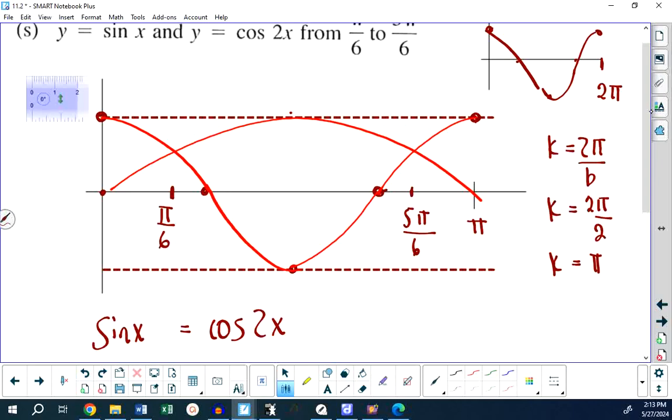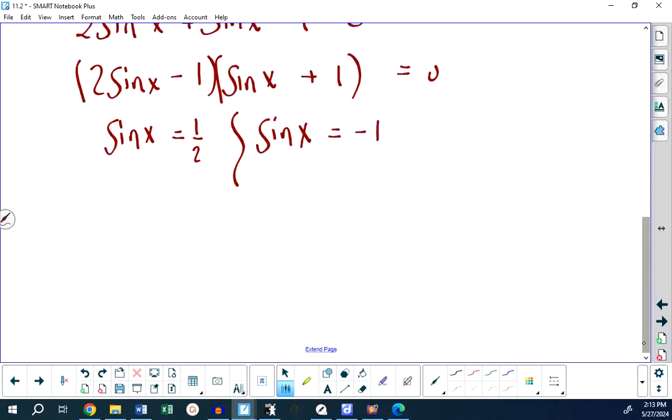So I didn't really finish this clearly, but this is x equals pi over 6 and x equals 5 pi over 6. So that means our integral will be from pi over 6 to 5 pi over 6.